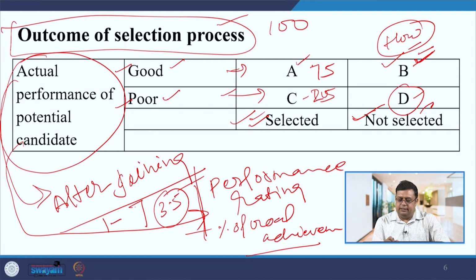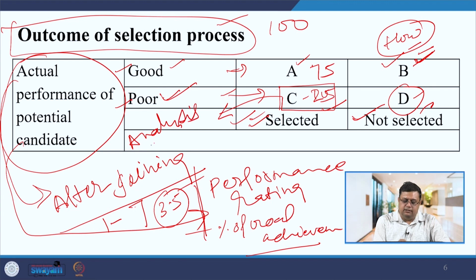But here you can see the people whom you should not have selected, that is the C category, poor performer but selected, whom the organization did not want to select. Now you can do the analysis of these participants or candidates: why they were selected, where your assessment method went wrong.